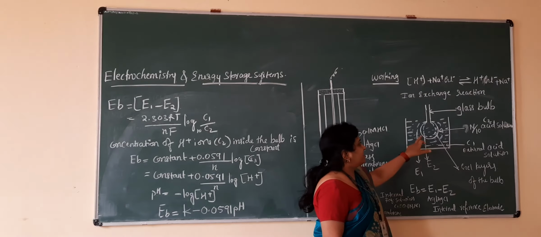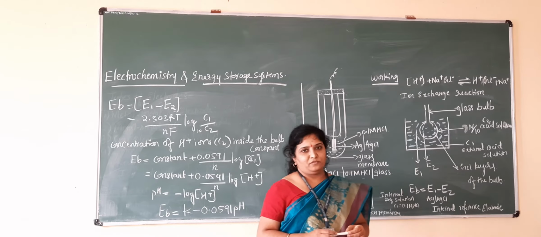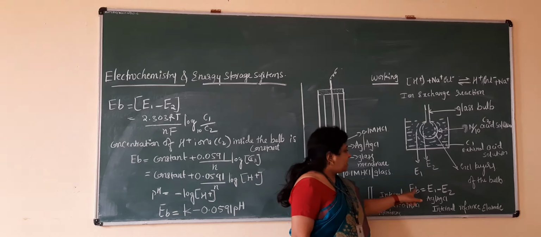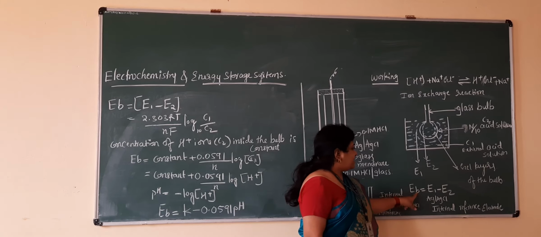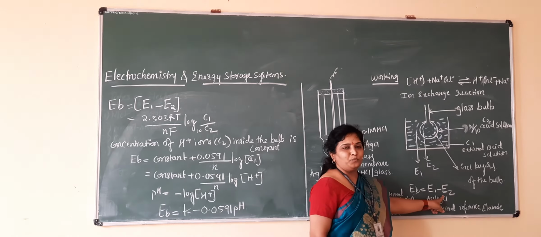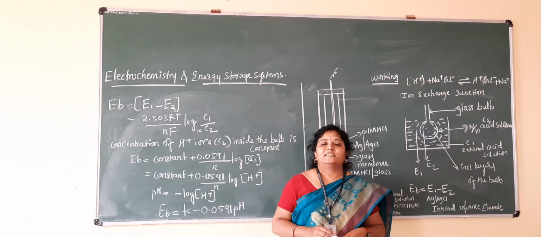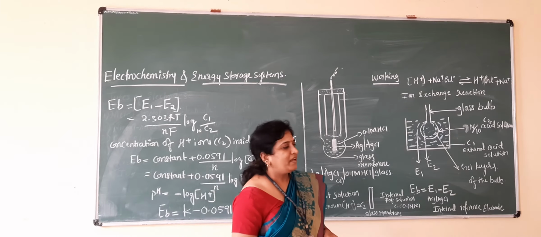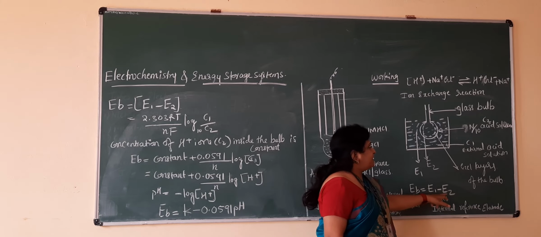So they develop a boundary potential, which is written as EB, and EB is equal to E1 minus E2.